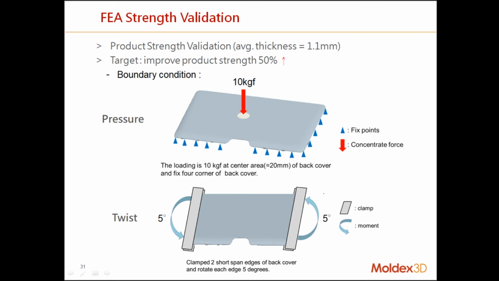They did two different strength validations, with two different kinds of boundary conditions. The first one is with a pressure loading in the middle and a fixed boundary around the corners of the back cover. Secondly, they clamp the two short span edges of the back cover and rotate each edge by 5 degrees.